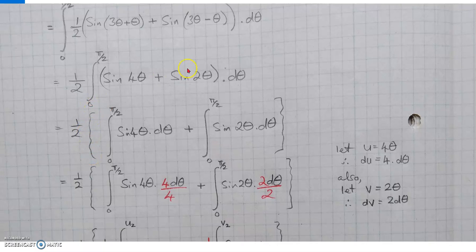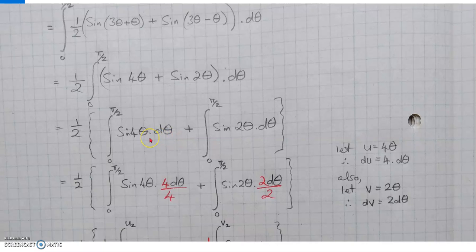But that square bracket closes over here because everything is enclosed inside here. Everything in here is being multiplied by that half. All right, we can keep that stuck out there and concentrate our attention on integrating each one of these separately.